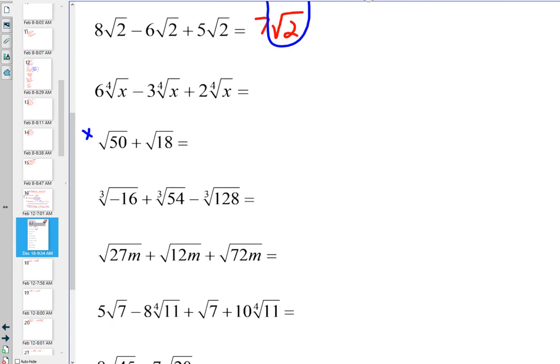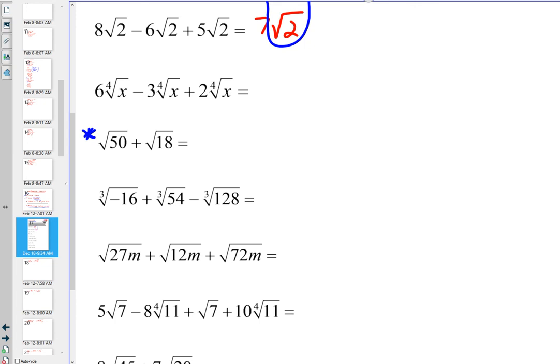Here, how about this one here? Do that one. Look, they're both square roots, but you said that the radicals have to be the same. They're not the same, so it must be that it's already simplified, right? It's not. What can we try to do? Let's try to see if maybe simplifying would help.